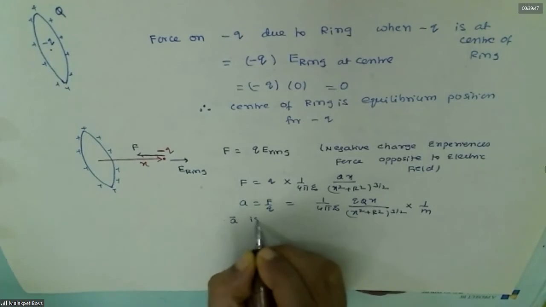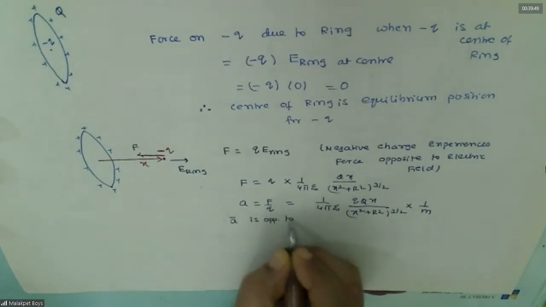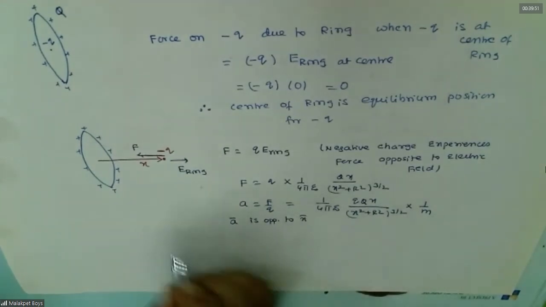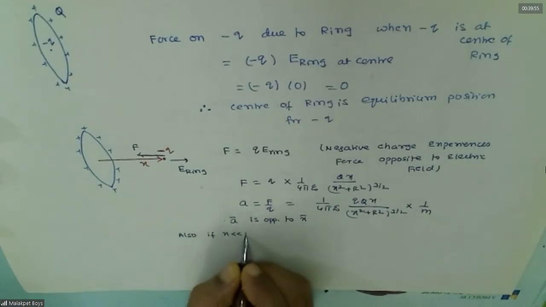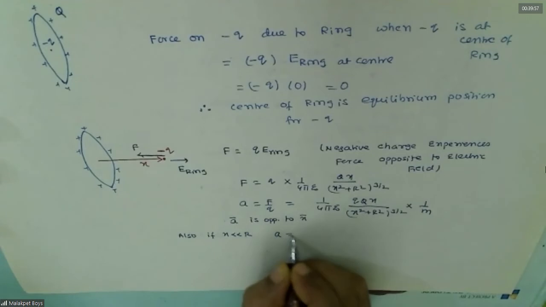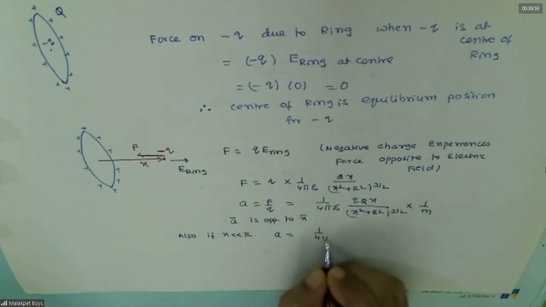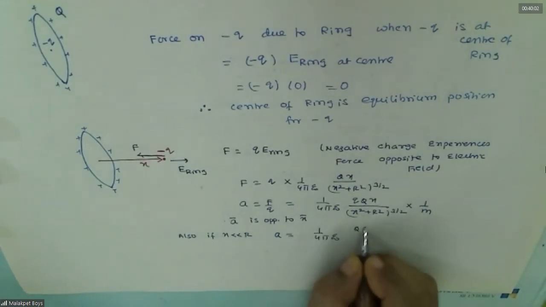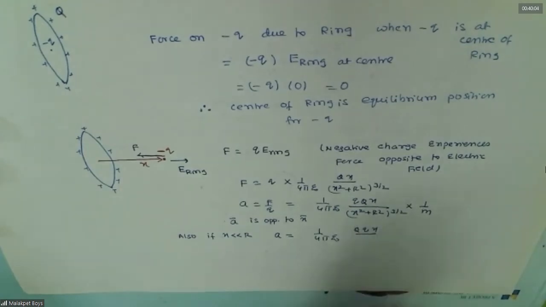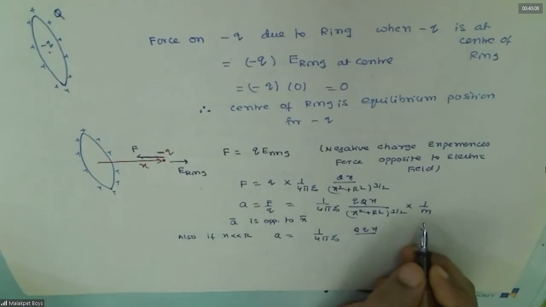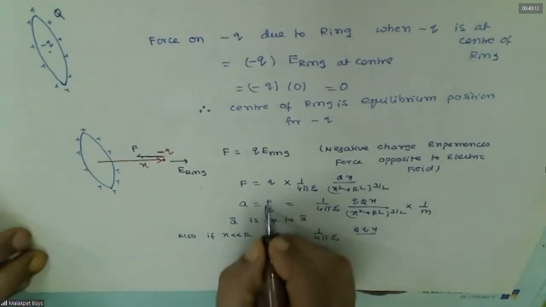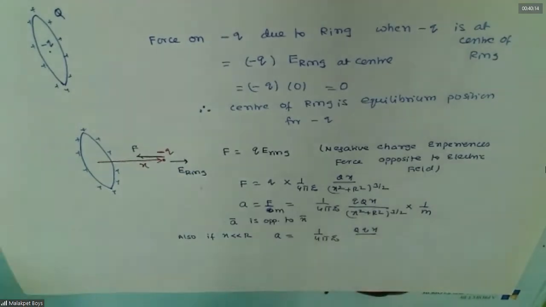Now you can see, A is opposite to x or not? x is very small. Sir, A is not equal to F by M, no? Here, sir, you wrote F by Q. This one. Till here you followed?